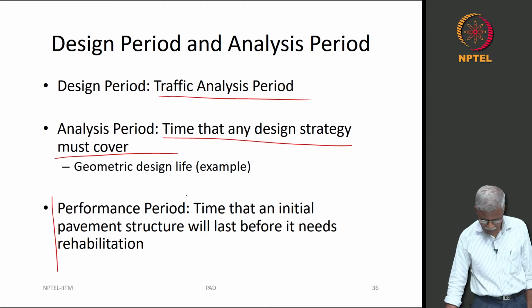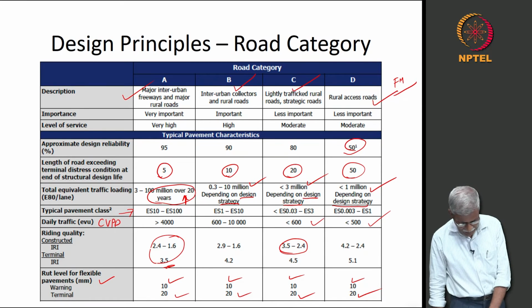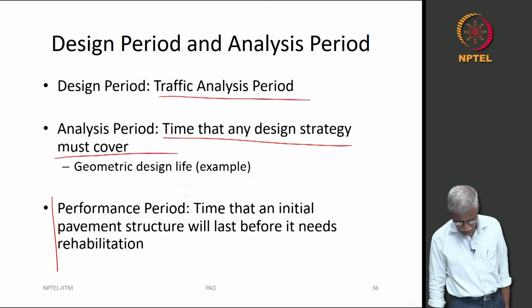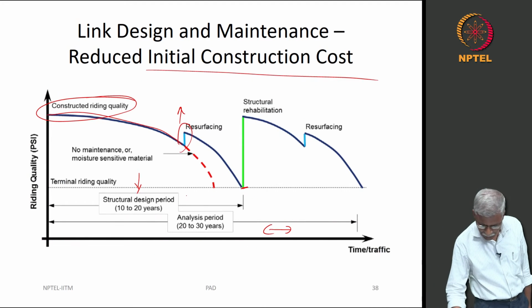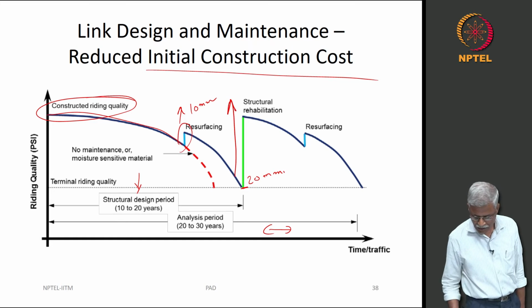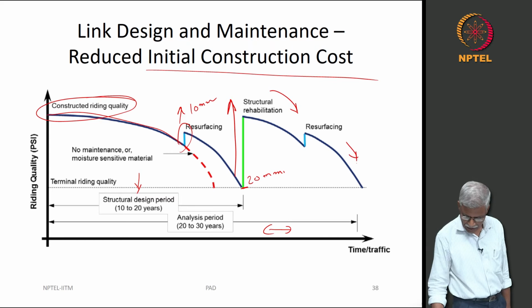So what could be your terminal riding quality? In fact, if you talk in terms of 20 mm, 10 mm, let us do the following. You will write somewhere here that this is 10 mm and this is 20 mm. So you need to do a major structural rehabilitation, and then it goes on like this.